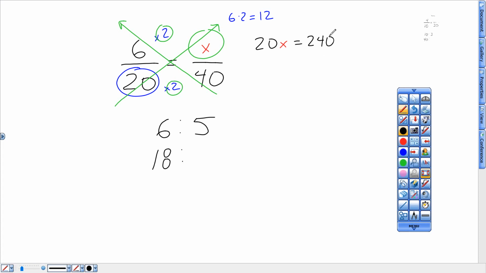When I times 6 and 40, or 6 times 40. And then right there, to find that missing number X, all I'm doing is a little bit of algebra, dividing both sides by 20. And what that does is algebraically give me, and I believe that should be 12.